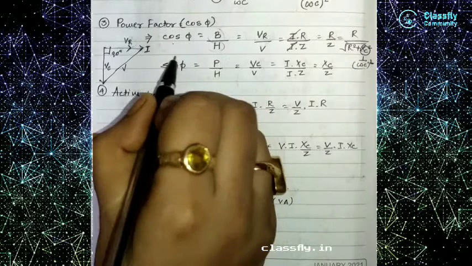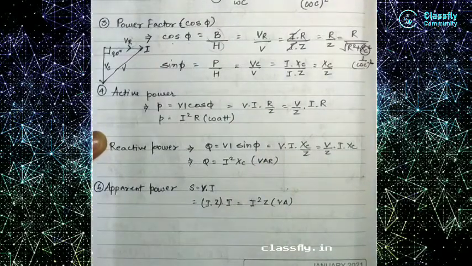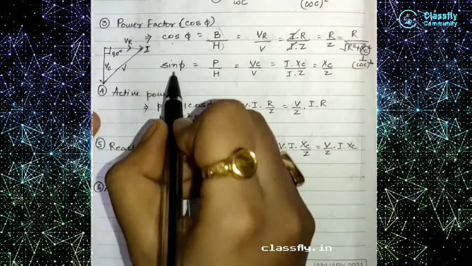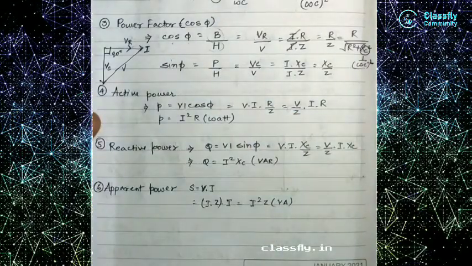Similarly, let's find the sin phi also, because it will be used in reactive power. So sin phi is perpendicular by hypotenuse.